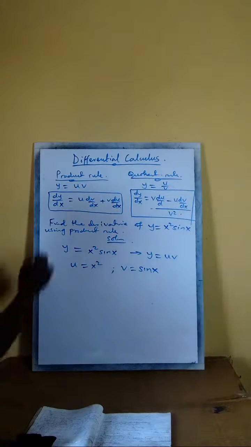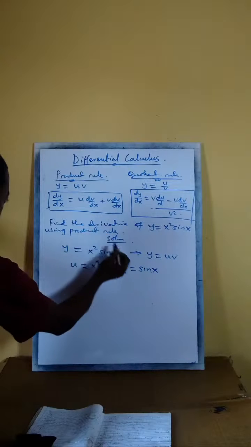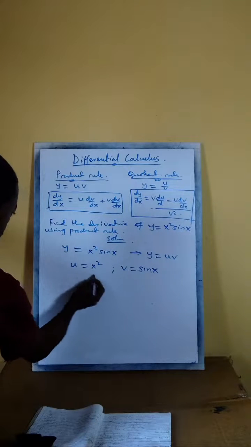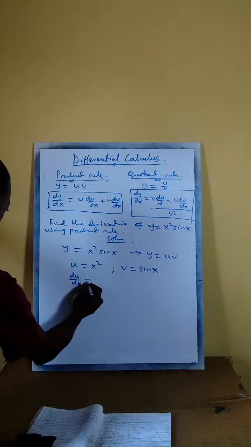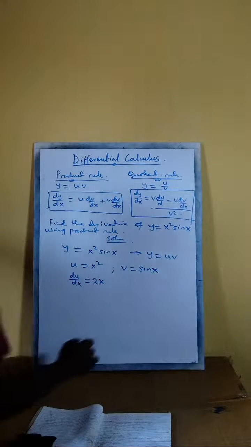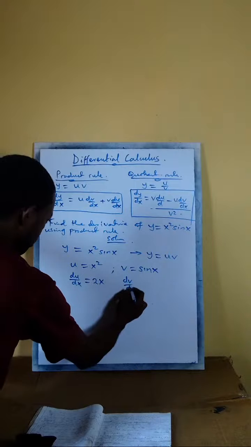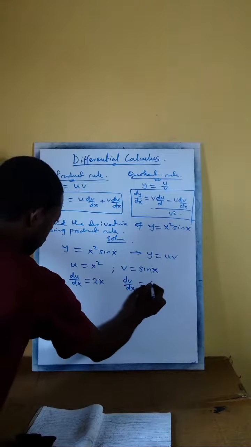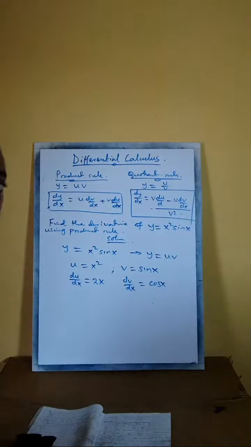Since this formula is what we need, we need to find dv/dx and also du/dx. So du/dx, differentiating u with respect to x, gives us 2x. Then differentiate v with respect to x: dv/dx becomes cos x. The derivative of sine x is cos x.